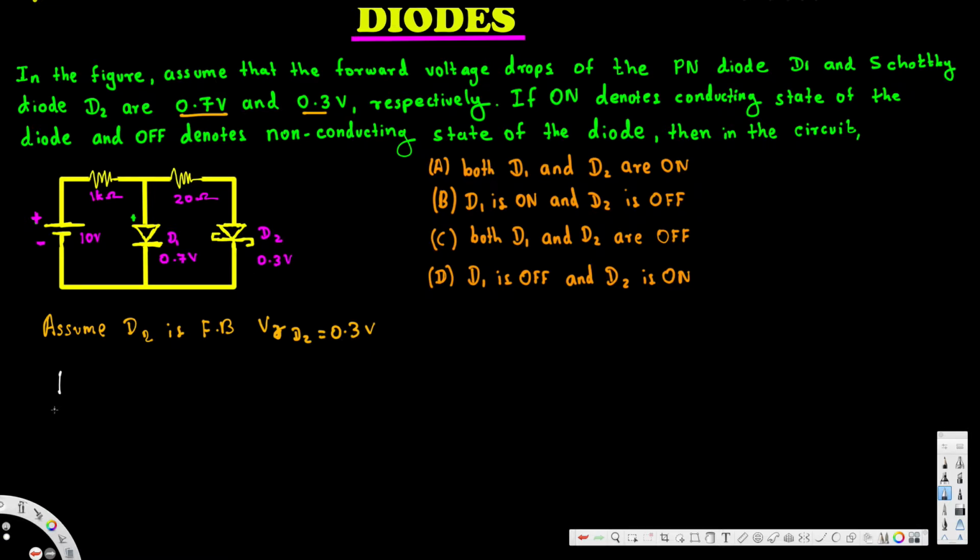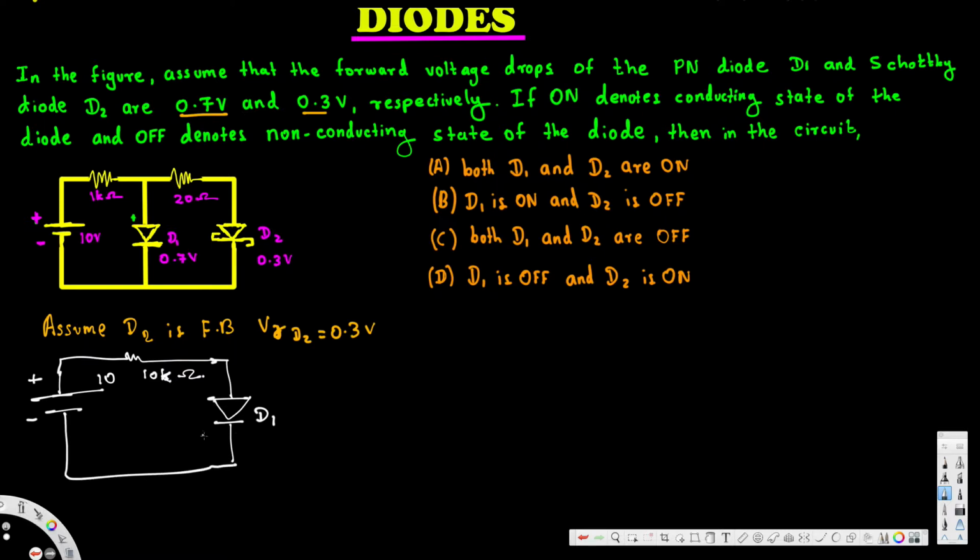So we are going to have this plus minus 10 volt source, and here we have 10k ohm, and here we have D1, and this will turn on if the voltage here is above 0.7, right?